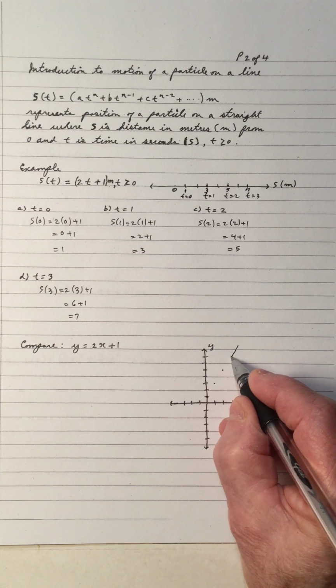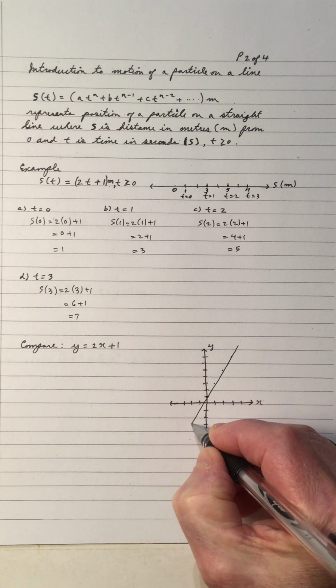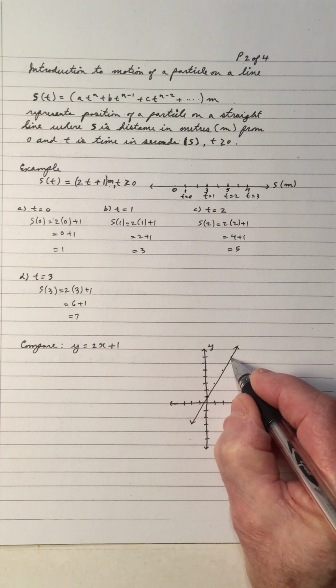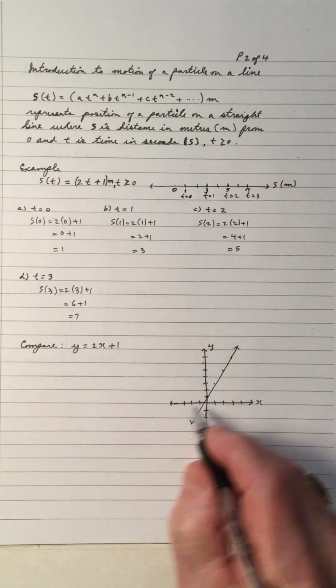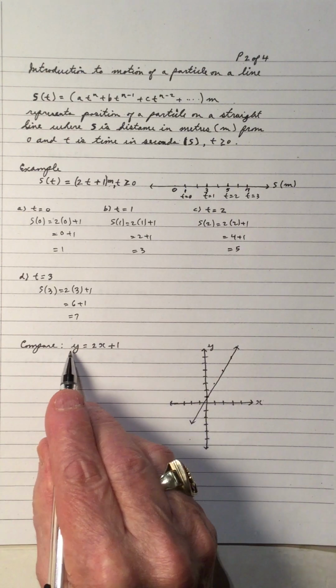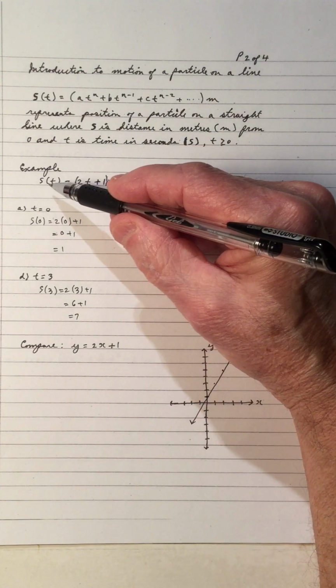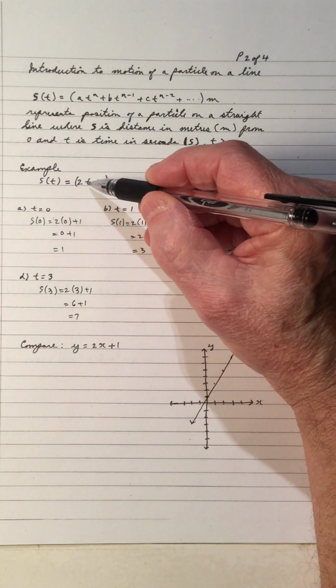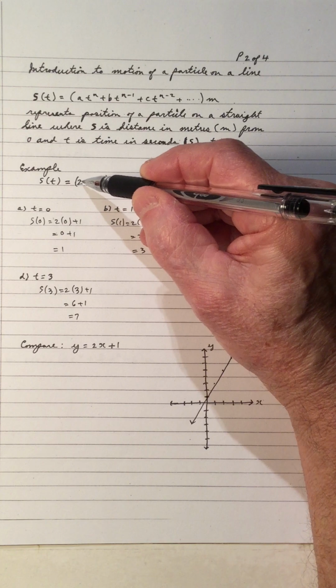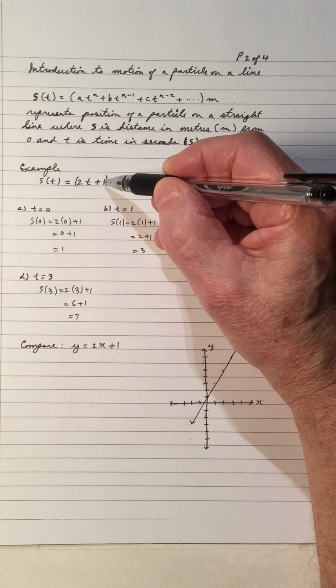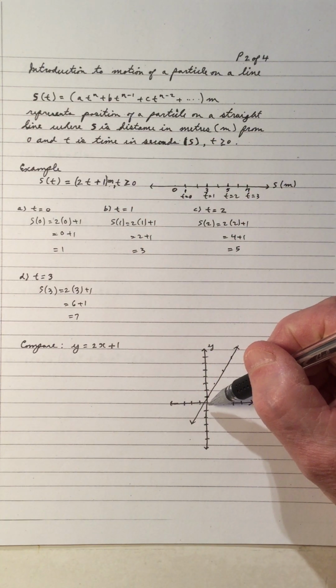This is the line that represents this function in terms of x and y. This is the y, this is the x, so it's 2x, and it starts off at 1, the y-intercept.